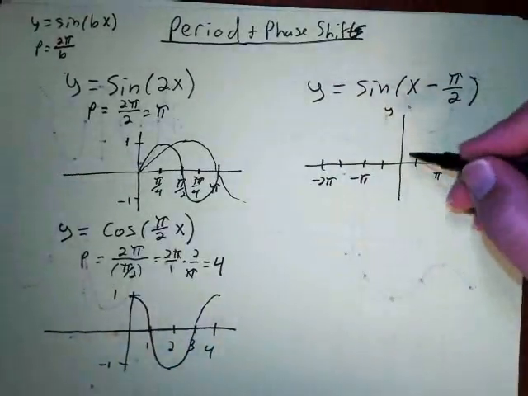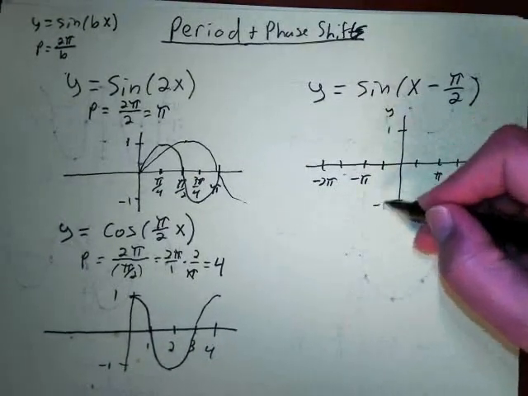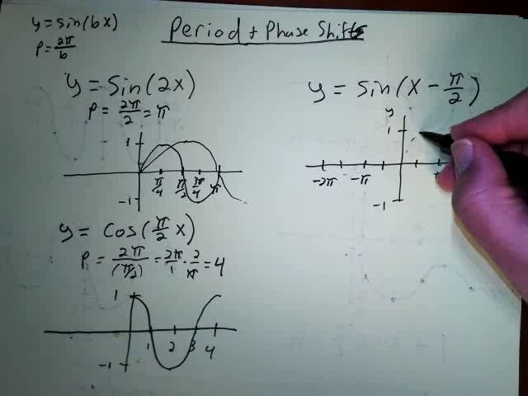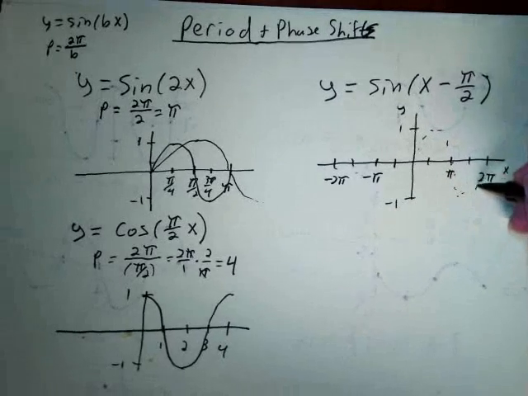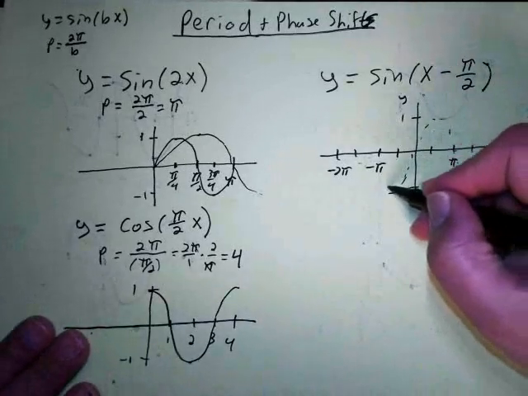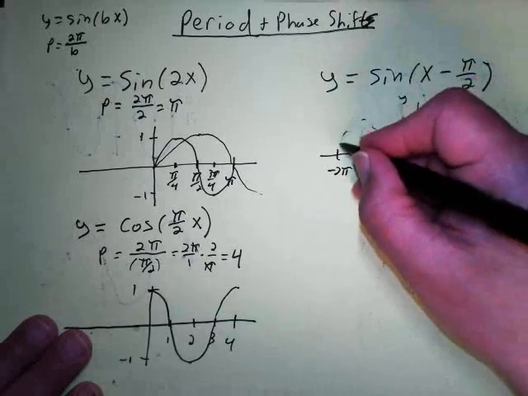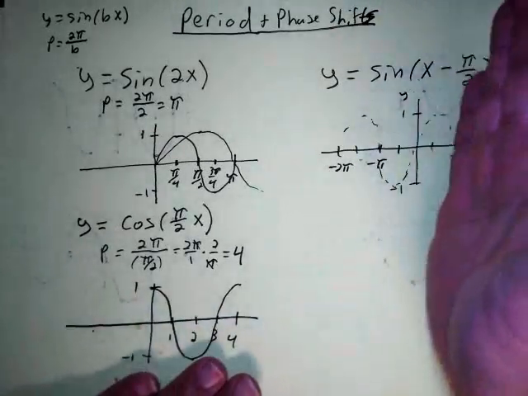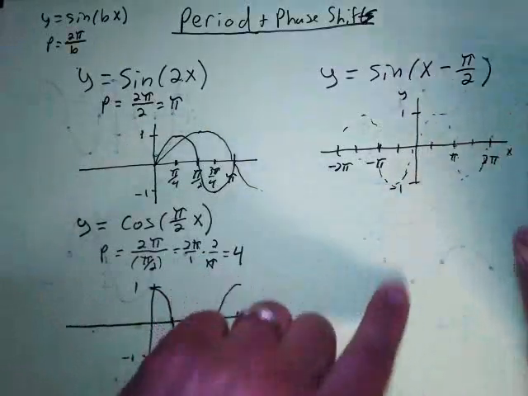Okay, so let's do 1, negative 1. Normally sine starts here, it goes up, down, like this, okay? And this would be like down here, up, like that. And so this is basically moving this whole thing 1 quadrant over.